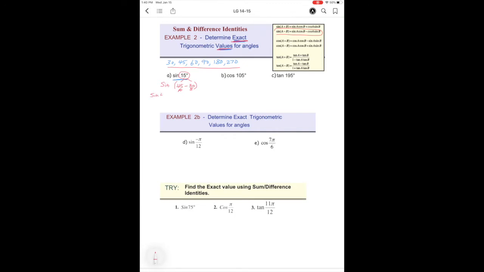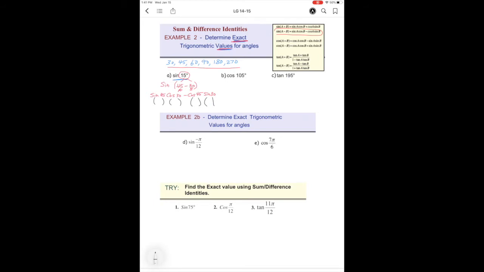So sine of a, remember a is 45, cos of b, well, b is 30, and then it's minus cos of 45 and sine of 30. What we're doing here is expanding it out to get an answer. Underneath each of these, you write down the exact ratios, which we know from our triangles.